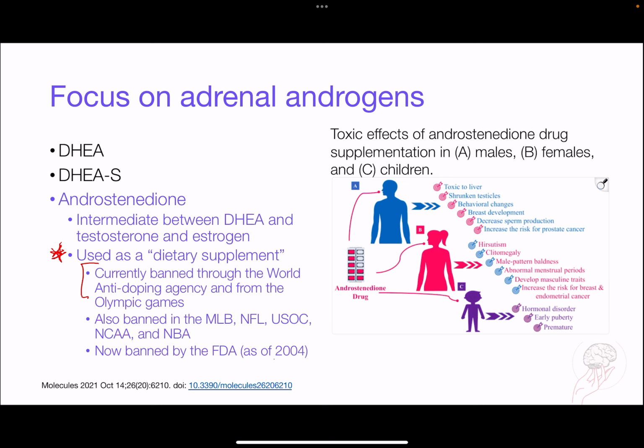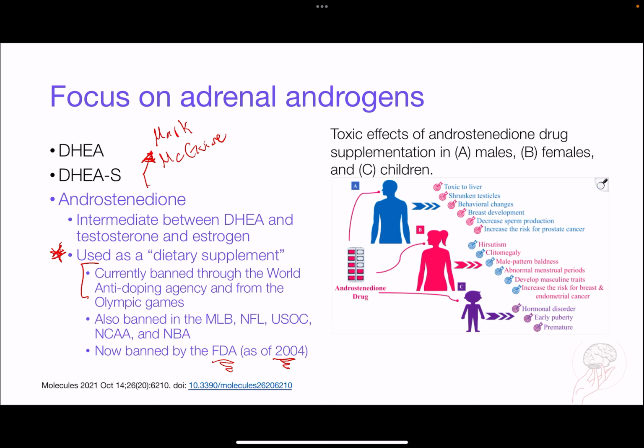And as of 2004, it was banned by the FDA. If you're a baseball fan, this is one of the steroids that Mark McGwire was supplementing with.